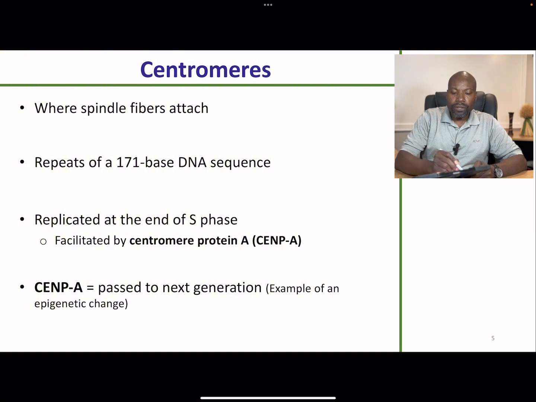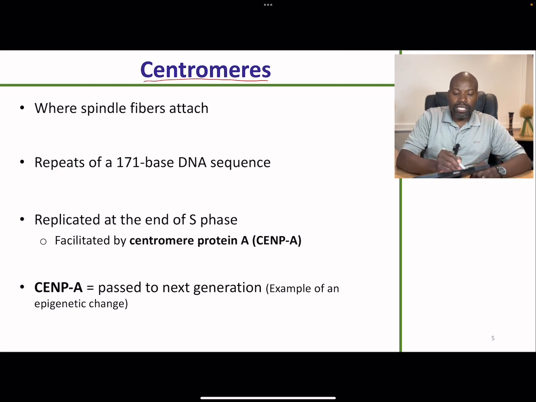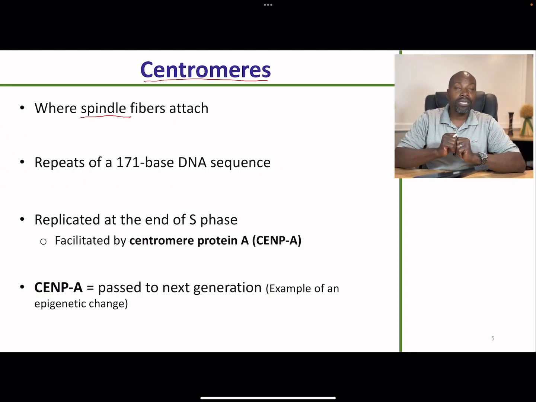The centromeres are basically where the sister chromatids are connected together, right? Where the mitotic spindle is going to come and attach. There is a particular structure that we call the kinetochore. I'm not going to bug you with that. The centromeres are made up of a bunch of proteins.